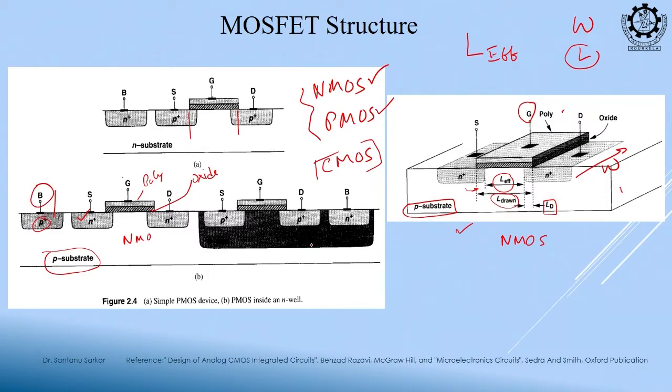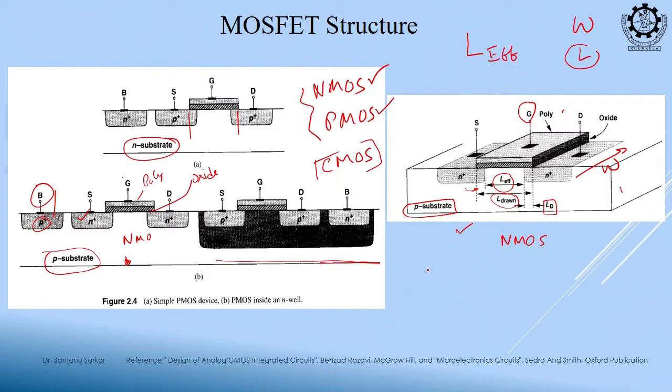Now, to make it a PMOS, what will we do? For PMOS we need just to invert it. So, we will need an N type substrate. By default it is P. So, what will we do? We will make a well, a big well or tub, and we will dope it with N type. Now, this tub will behave like the substrate for this MOS. Previously this was our substrate.